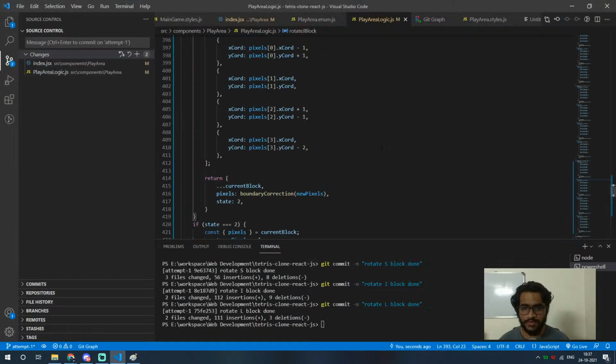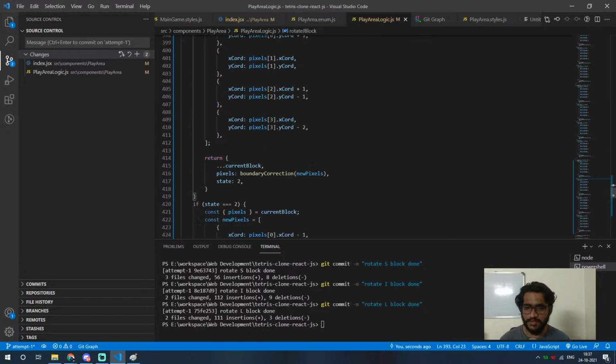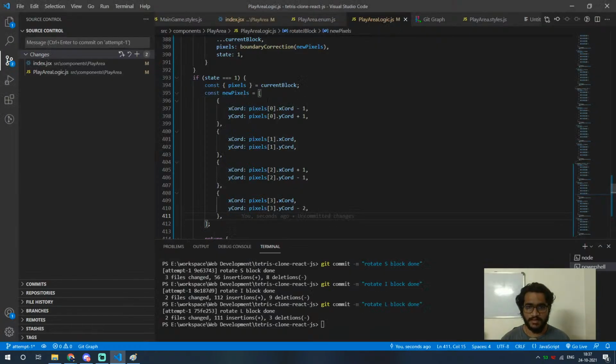Now from state 1 to state 2, we would go first minus x1 and plus 1y, minus x1 and plus 1y. Why is it same?